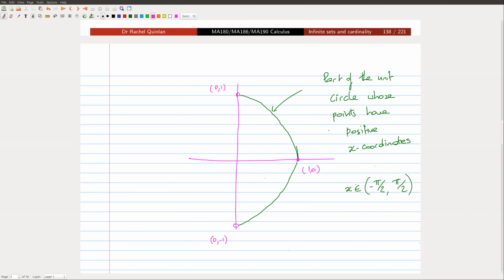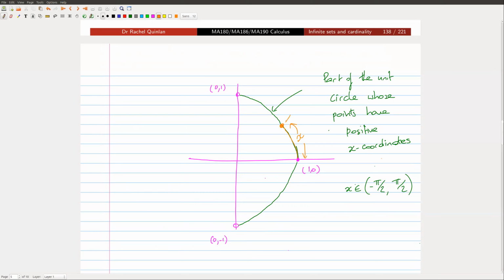So if x is positive, take the arc length x as you travel upwards from 1, 0 in the counterclockwise direction around the circumference of the unit circle.